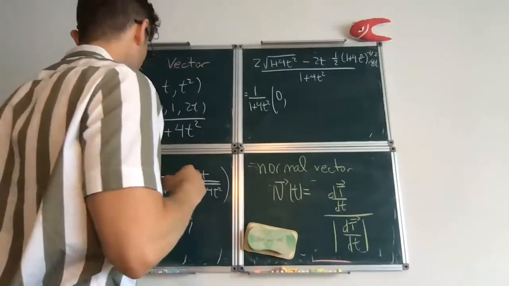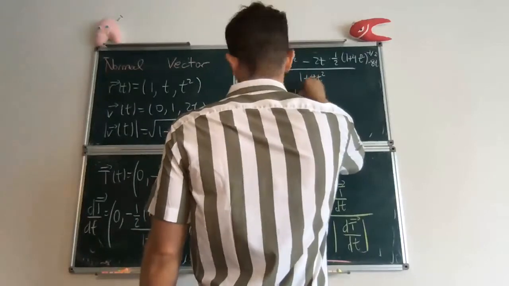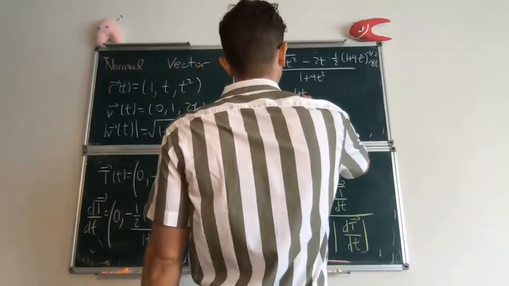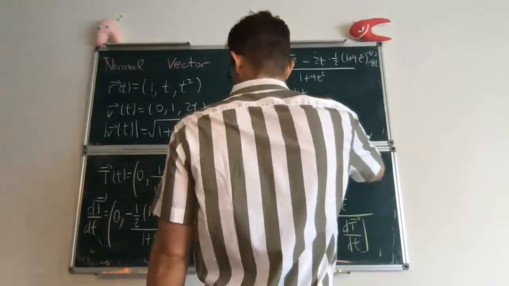And then this becomes minus 4t over square root of 1 plus 4t squared.